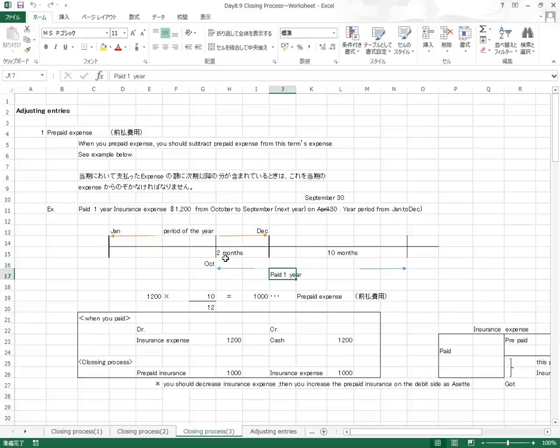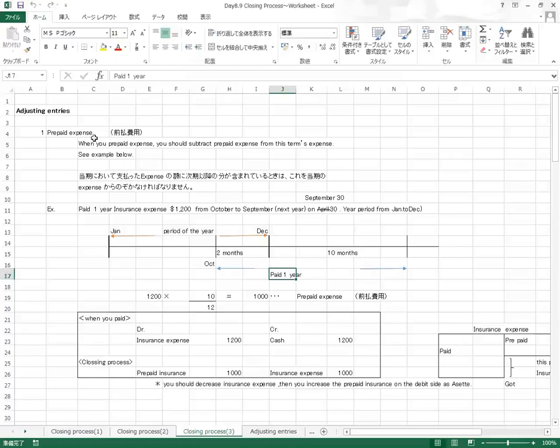So you should record only 2 months of insurance expense on this year. And prepaid insurance expense for 10 months is prepaid expense.